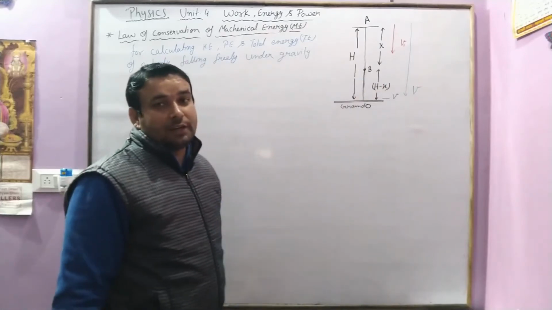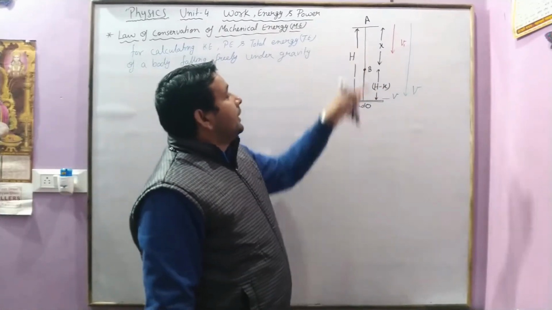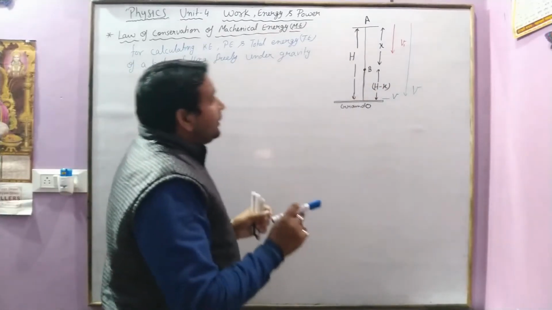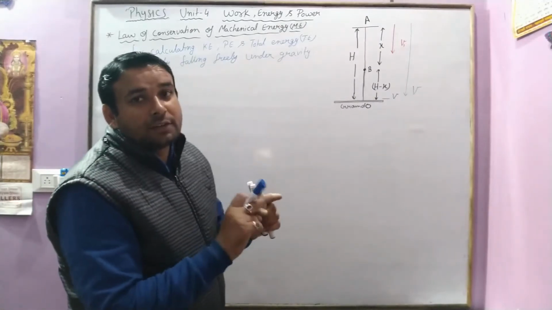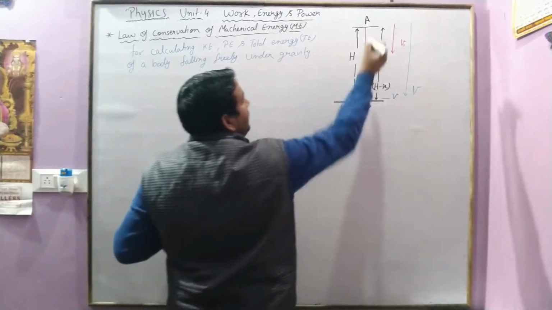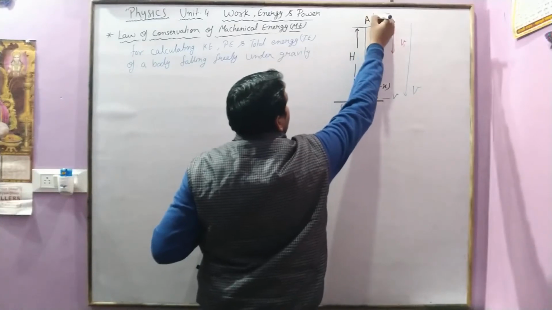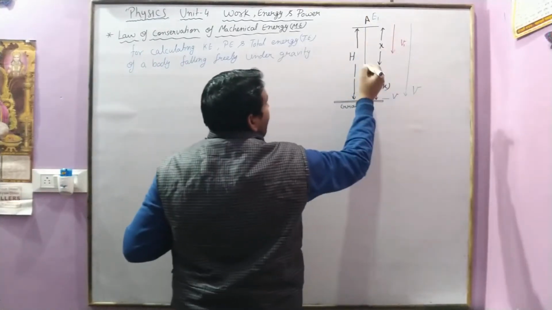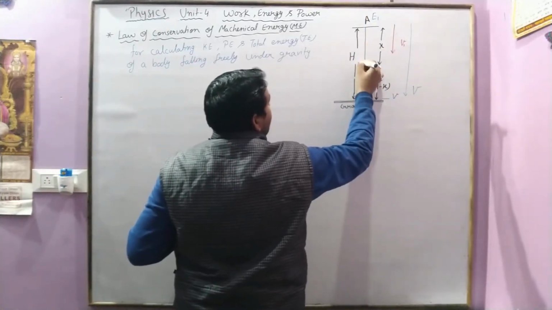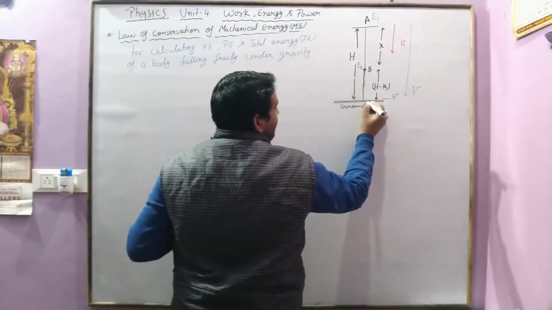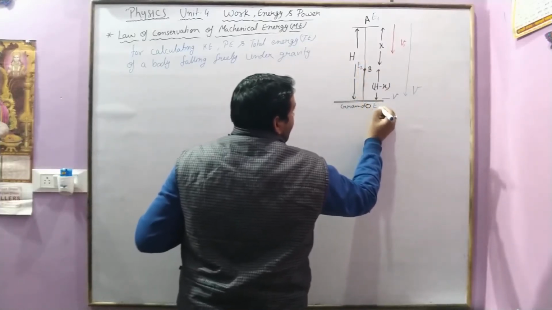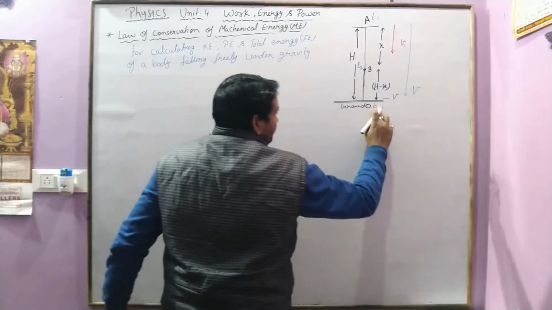That is potential energy. Okay, so here we calculate the three types of energy at three different locations: energy at A, let's say E1, energy at B is E2, and energy at O is E3.